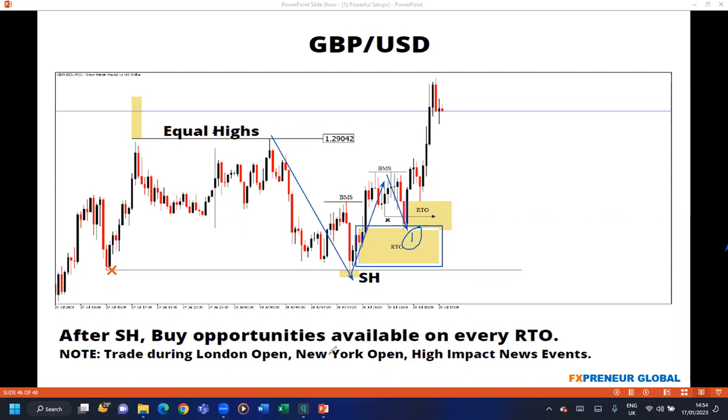The first entry, TP1, the TP will be here. All right, the TP will be here. Return to order block validates your entry.